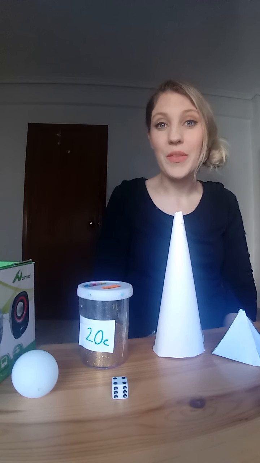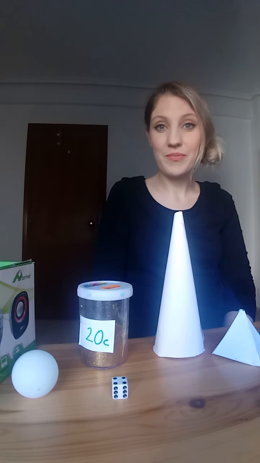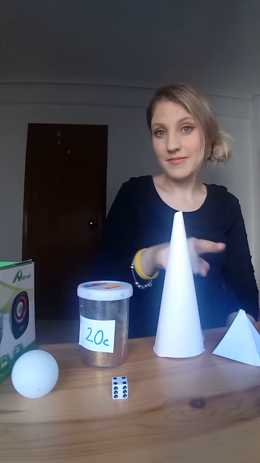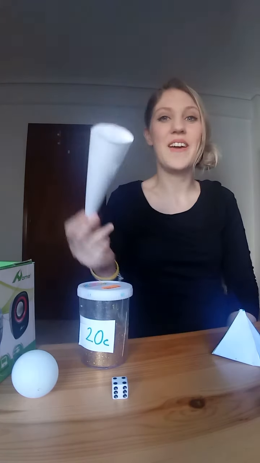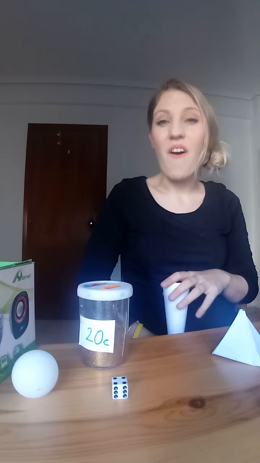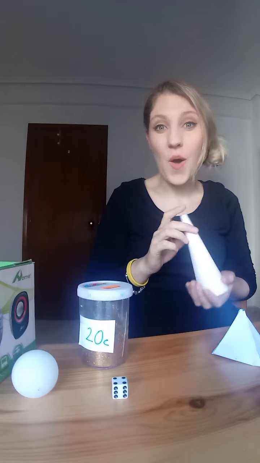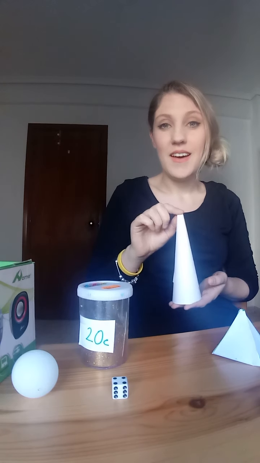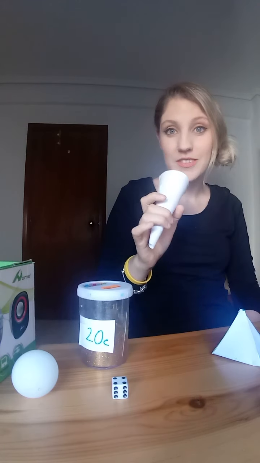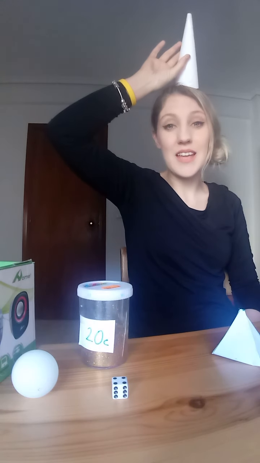Okay, next one. Cone. Which one is the cone? This one. Okay. So, can you think of anything that is cone shaped? I can think of an ice cream cone, maybe a microphone. What about a gnome's hat?